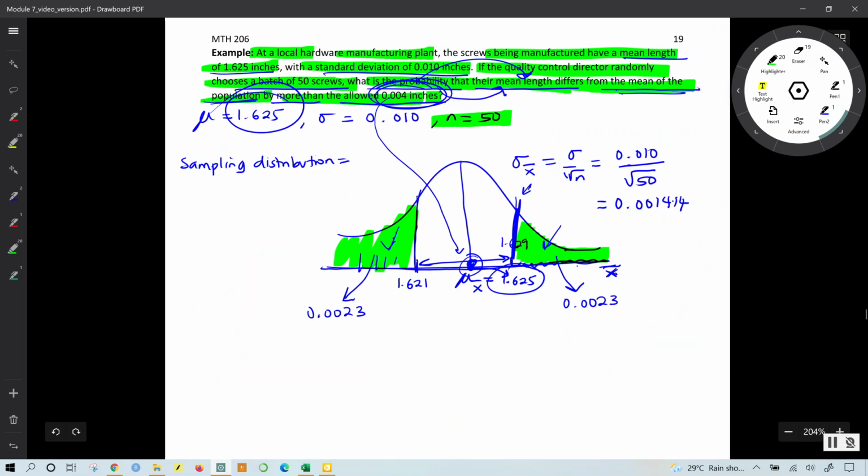And so my final answer for the required probability is going to be 0.0023 times 2, or 0.0023 plus 0.0023. This will be 0.0046. Done. That is the solution there.